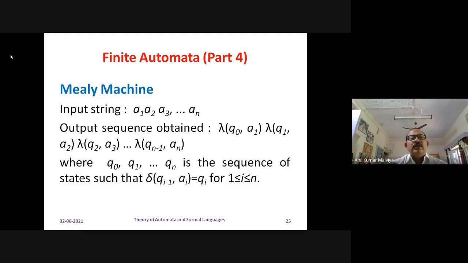It means the Mealy machine again takes the input string and gives the output string.